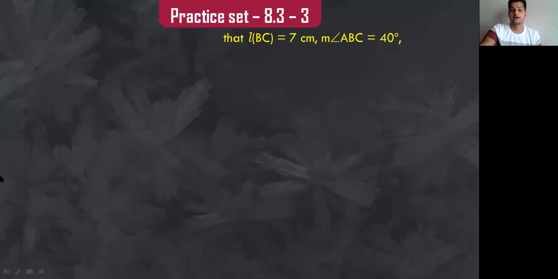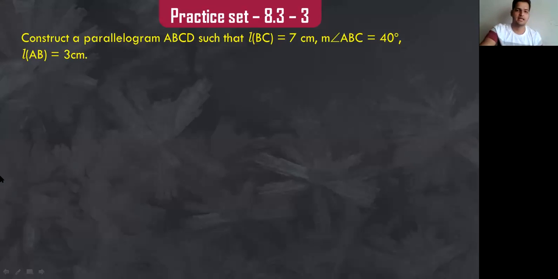Great. So now let us continue with practice set number 8.3, sub-question number 3, which states: construct a parallelogram ABCD such that the length of BC is 7 centimeters, the measure of angle ABC is 40 degrees, and the length of segment AB is 3 centimeters.